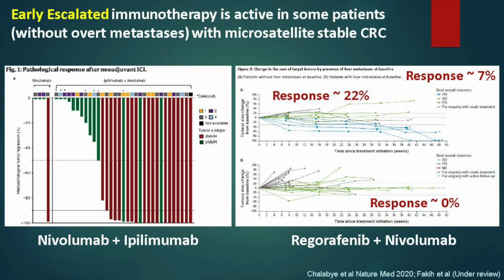And some evidence of this is upcoming, where we have seen that although immunotherapy by itself does not work in patients with established metastatic disease, when you give immunotherapy to microsatellite stable patients at an early stage, you actually start seeing activity. Furthermore, there is also a difference in activity depending on whether you have liver disease or lung disease, which also points towards the fact that the biology can affect these patients and a subset of these patients.